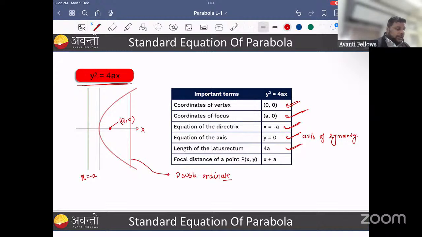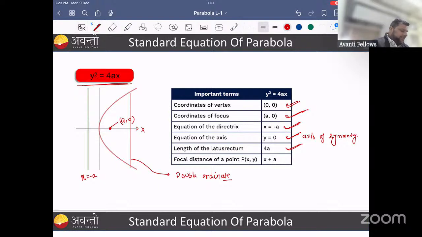Got it? Now a very important term, focal distance. Focal distance of any point P is its distance from the focus. And as per the definition I know, its distance from the focus is also equal to its distance from the directrix.